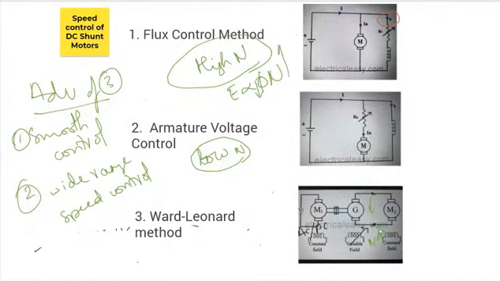So you can achieve higher speeds here. But when you have control over your terminal voltage, you can reduce your speed by decreasing your EMF value, by increasing the drop here.